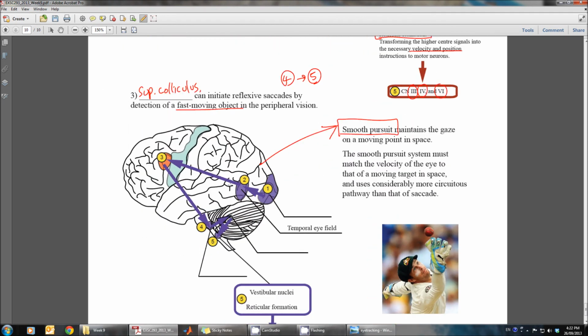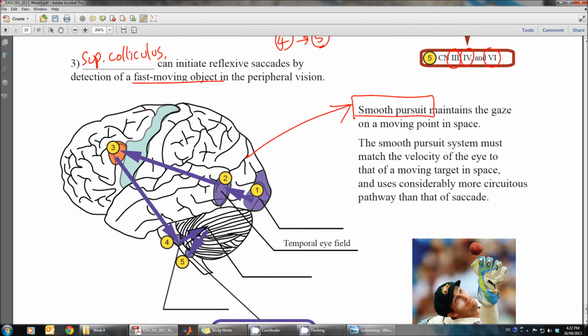And the reason behind this is that tracking a moving object not only requires the calculation of the eye to direct the gaze in the right place, but also the head motion as well. So there's very complex calculation going on with this smooth pursuit control. So it's a more circuitous pathway than that of the saccades.